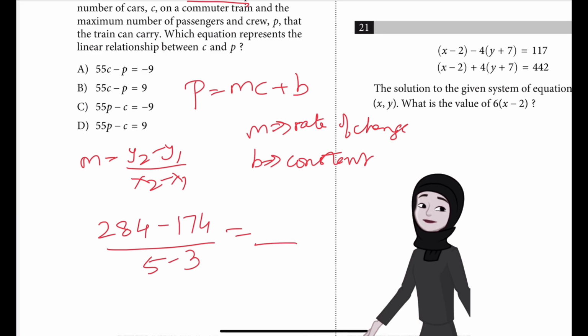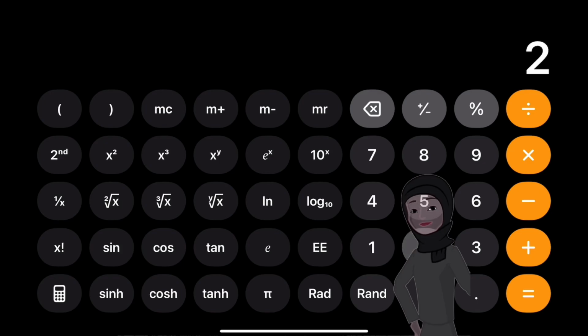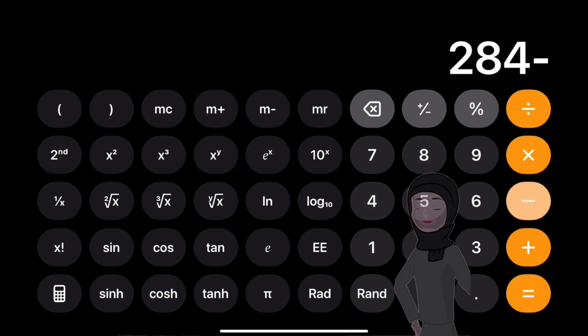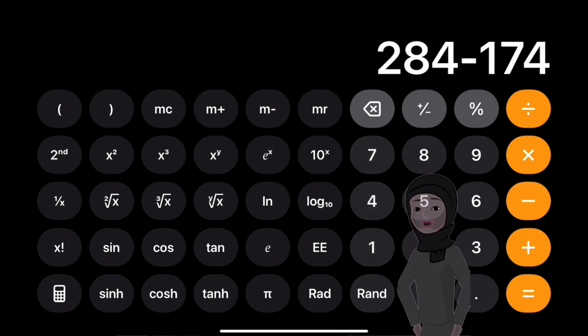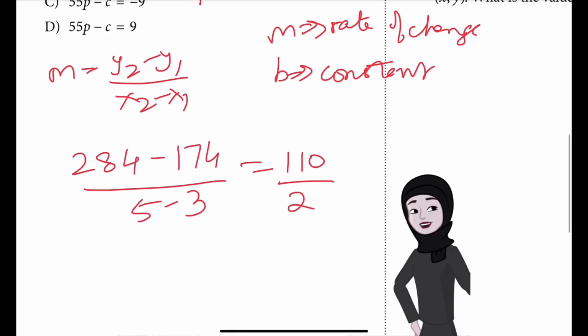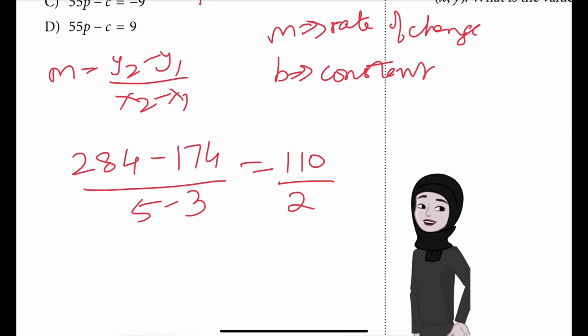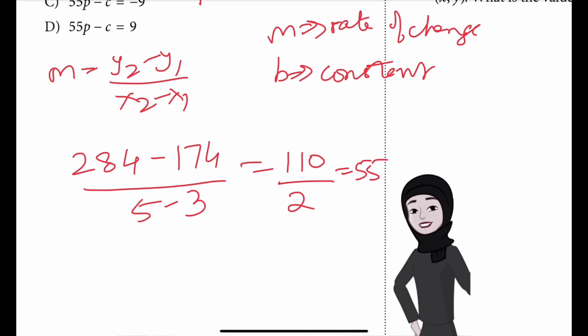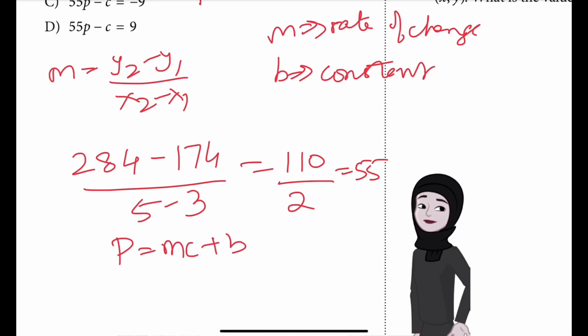So we will just simplify this. 284 minus 174, so we get 110. So this 110 we will divide by 2. So we get 55. So substituting 55 for m in the equation, P is equal to mc plus b.